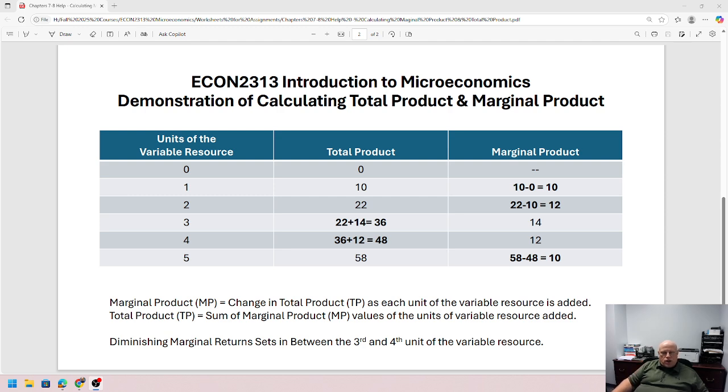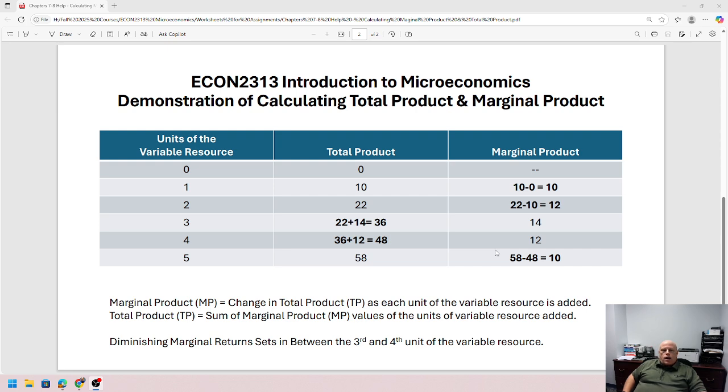Now, one other thing that it's going to ask you to do on this problem, and something I've done here on my example as well, is after looking at these marginal product values, calculating these, it's going to want you to determine where diminishing marginal return sets in.